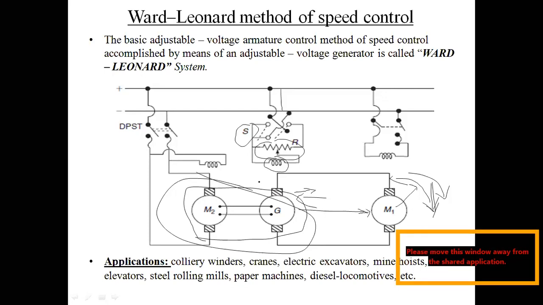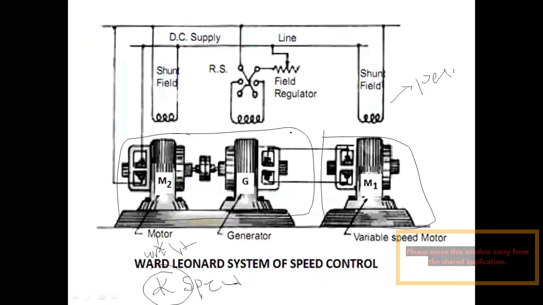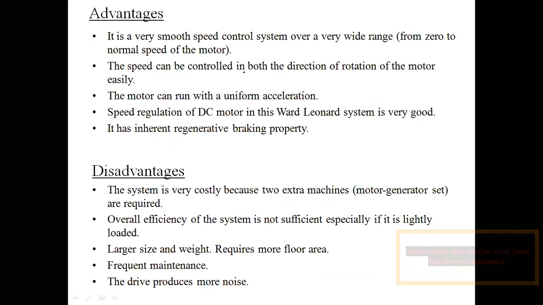Please drop your answers in the chat box, or message me in the group, so that I can give the answer in the next class. So this is your system, and you can easily understand some of its advantages and disadvantages.